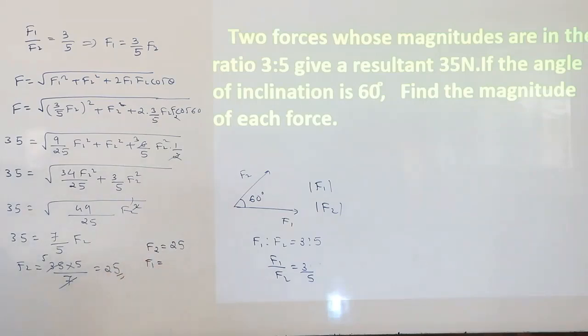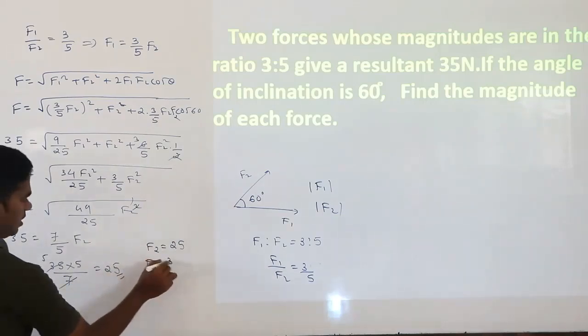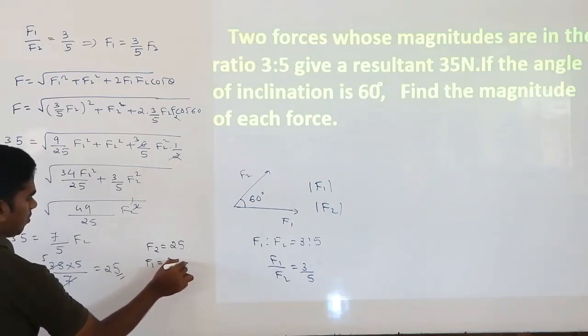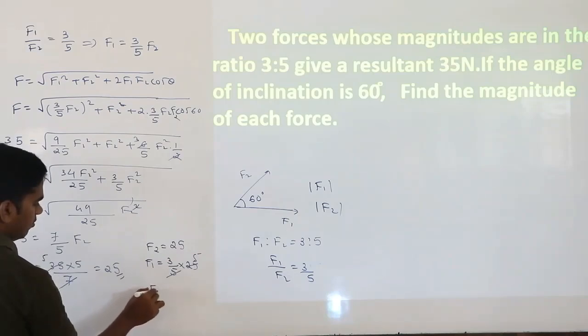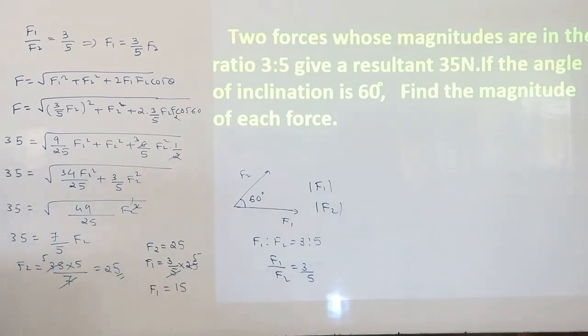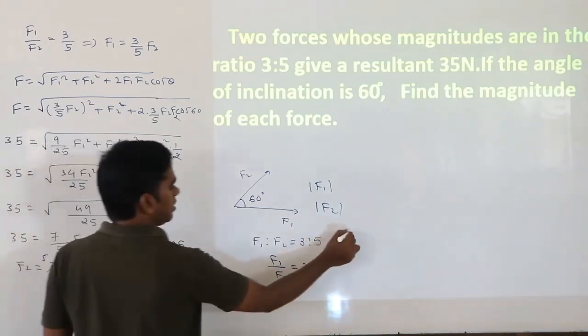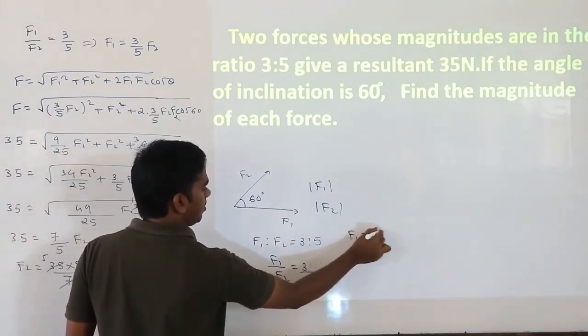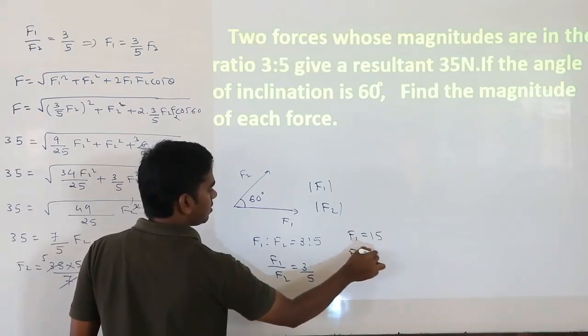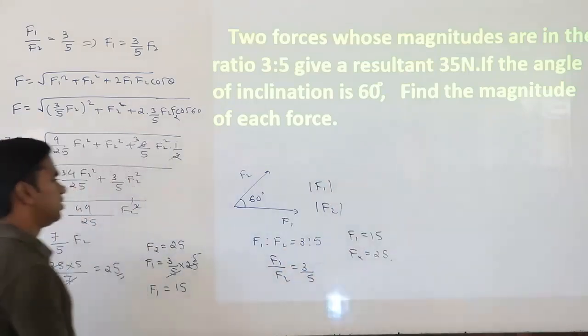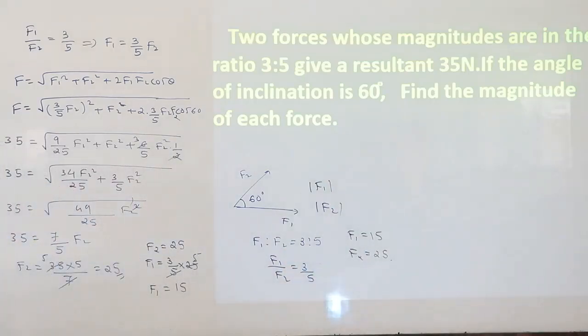F1 is 3 by 5 times F2. What is F2? F2 is 25, so F1 is 15. So the answer we got is F1 is 15 and F2 is 25. So you will get a resultant of 35 for these two forces.